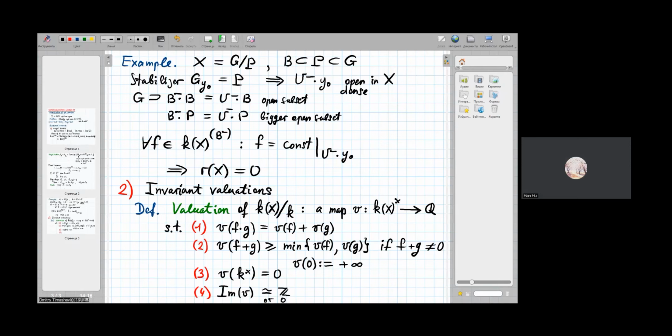So any cyclic additive subgroup in Q is either infinite or 0. This is my definition of the valuation of the function field over the field of constants.